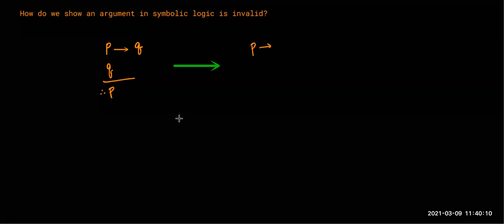What we could do is put all the premises together in the form of a conjunction, and then put large parentheses around the entire set of premises, and make a conditional statement so that the consequent of that conditional statement is the conclusion.